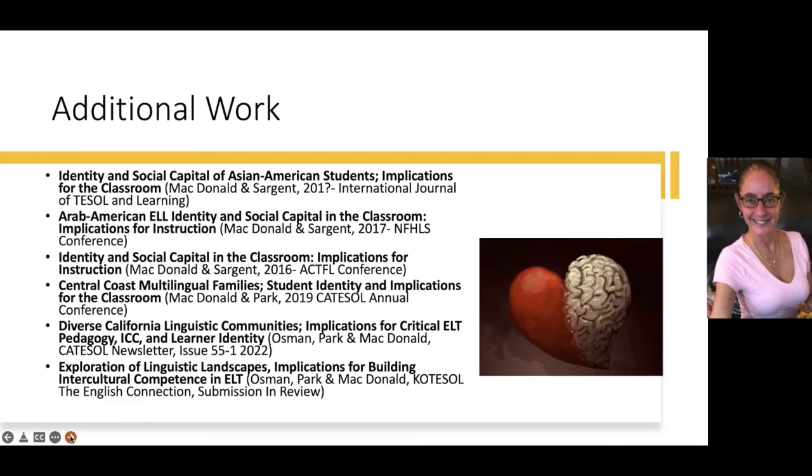And we have explorations of linguistic landscapes. So we've looked at the linguistic landscapes in the Korean context, and there's a submission in review for the English Connection, and we'll see if that is able to be published and available for members in the future.